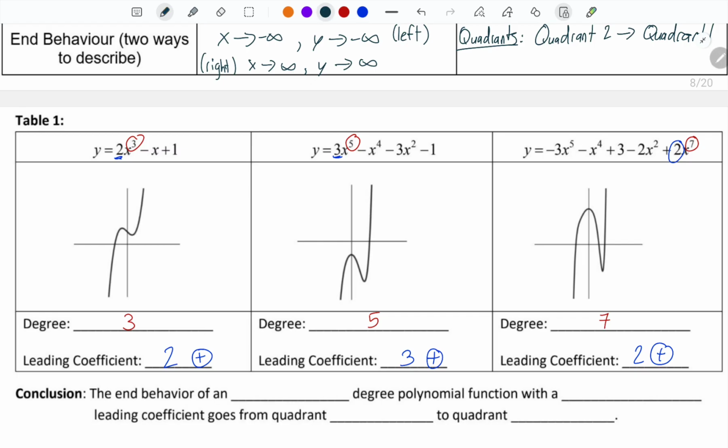So the end behavior in this case is, well, we can see they're always starting in the bottom left and going up and to the right. So the end behavior of an odd, that's what we're dealing with there, those are all 3, 5, 7 odd numbers. So an odd degree polynomial function with a positive lead coefficient will always go from quadrant 3 to quadrant 1.